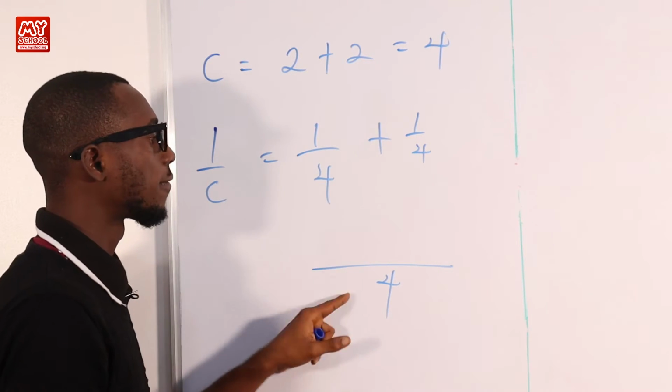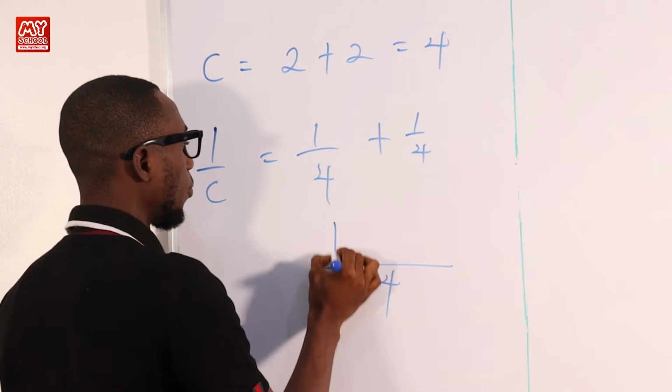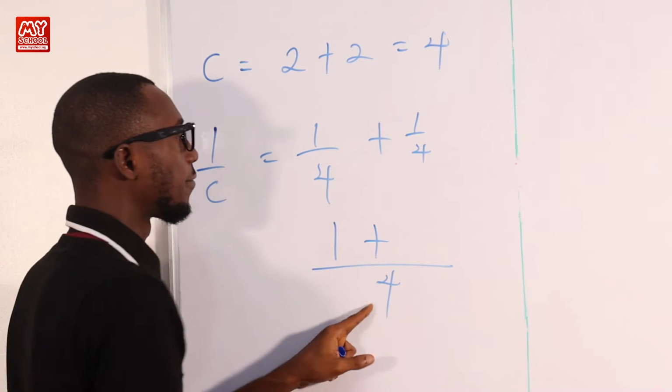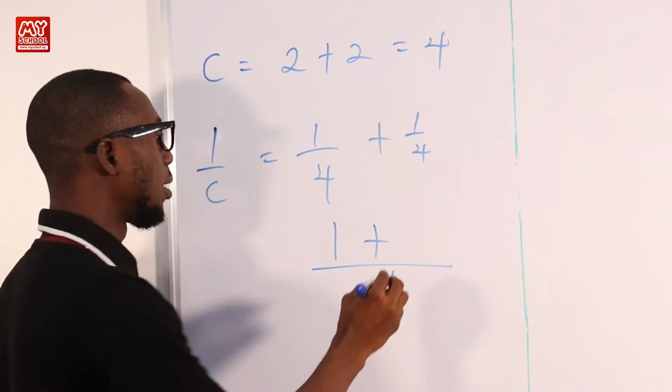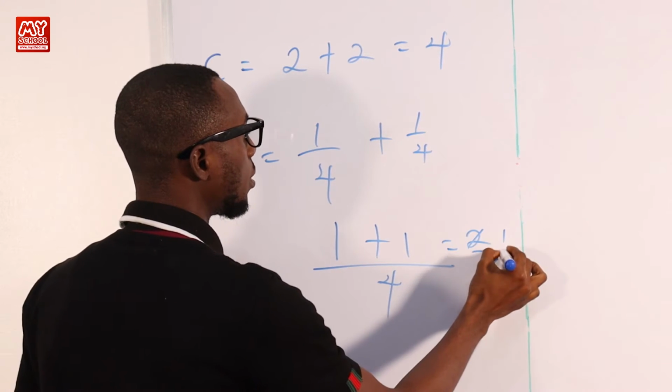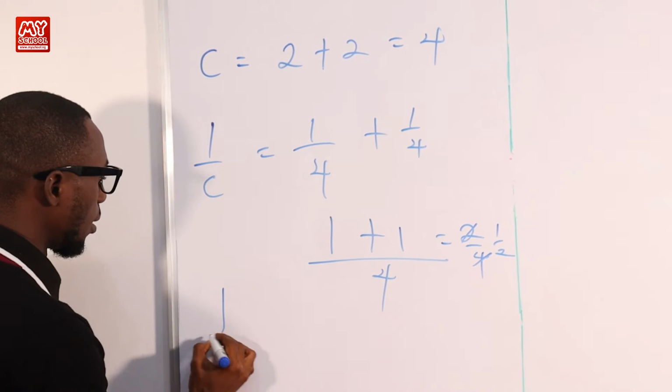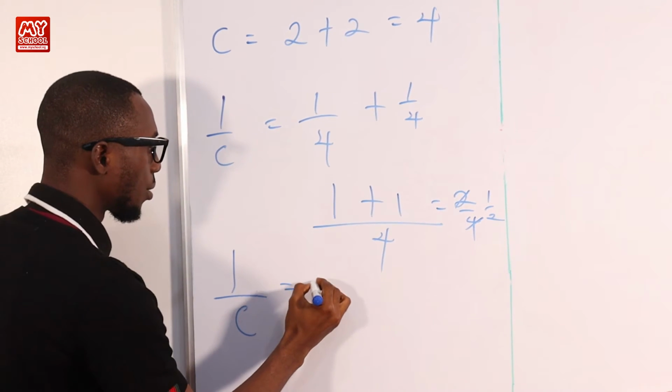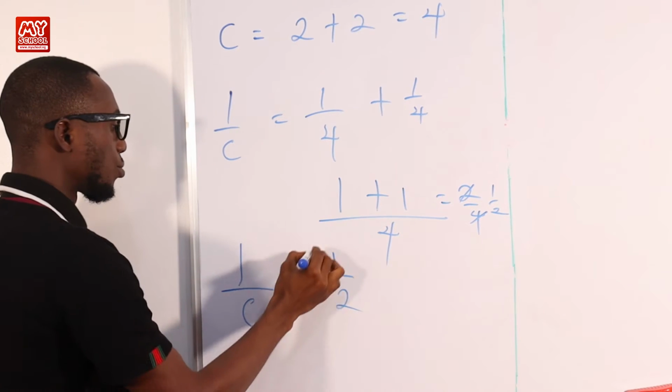4 in 4 is 1 times 1, we have 1. We drop down the plus sign. 4 in 4 is 1 times 1, we have 1. That equals 2/4 or 1/2. So for an arrangement in series, 1/C equals 1/2.